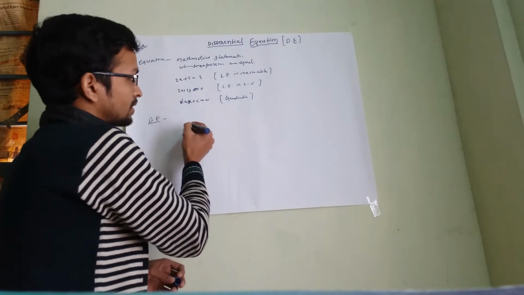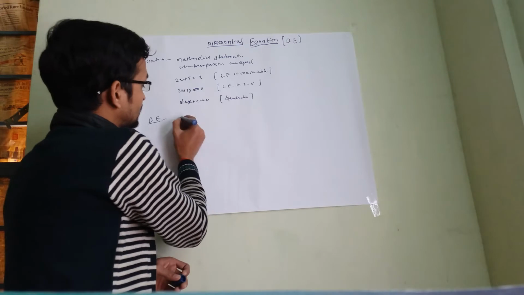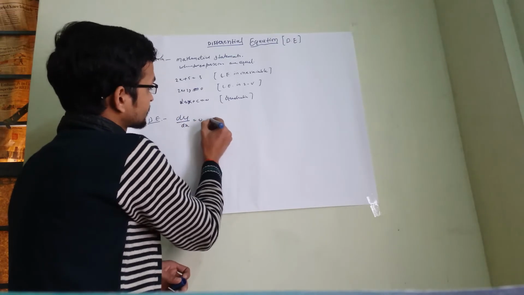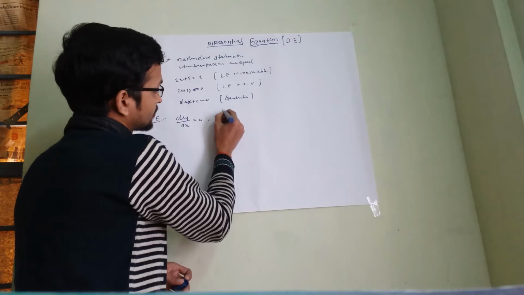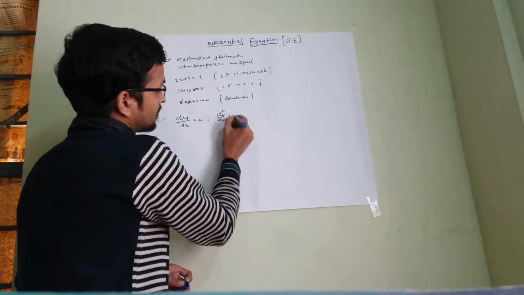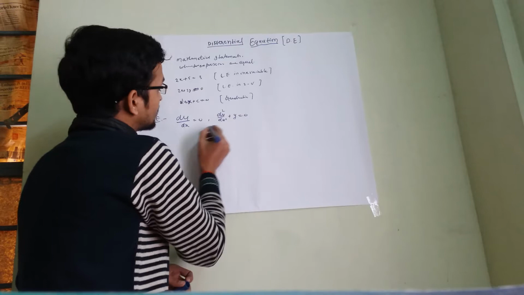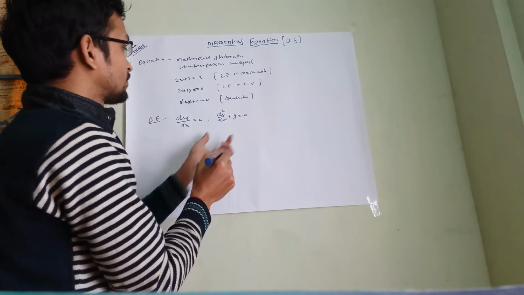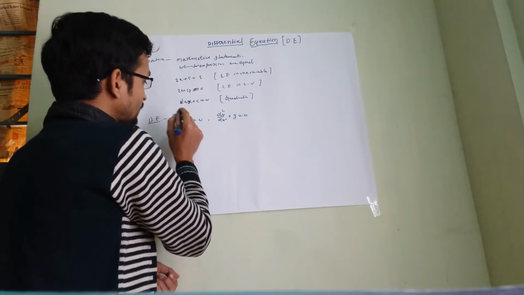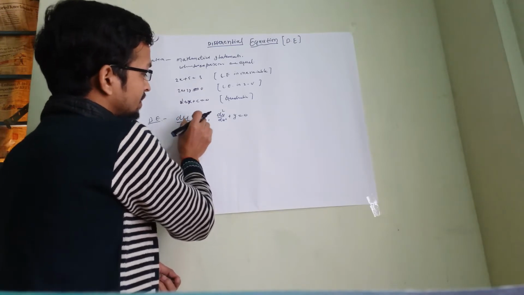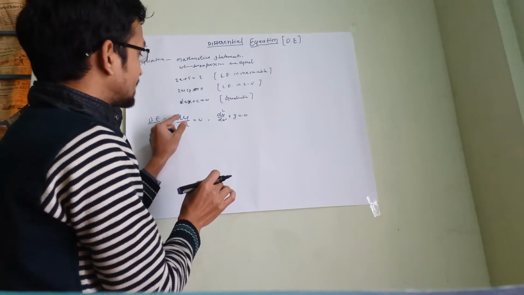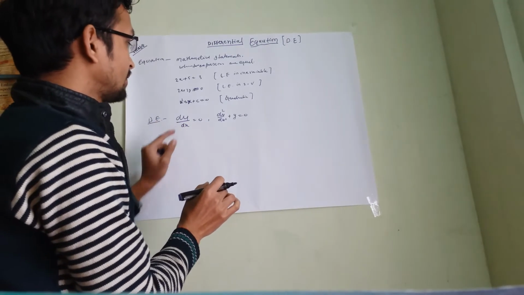Let's see with an example. dy by dx is equal to 0, or d square y by dx square plus y is equal to 0. This is a differential equation, in which y is the dependent variable and x is the independent variable.